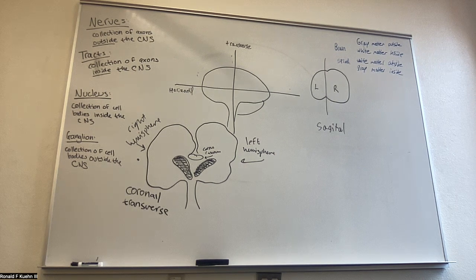Other than the definition of a ganglion being a collection of cell bodies outside of the central nervous system, we did talk about yesterday that the basal ganglia is not actually ganglia. Those are nerves, right? No. The basal ganglia is a collection of nuclei.